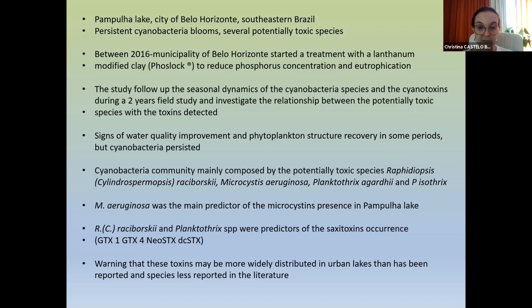Microcystis aeruginosa was the main predictor of the microcystins present in Pampulha Lake. And Raphidiopsis raciborskii and Planktothrix were predictors of the saxitoxins occurrence. One conclusion is that these toxins may be more widely distributed in urban lakes than has been reported, and in species less reported in the literature.